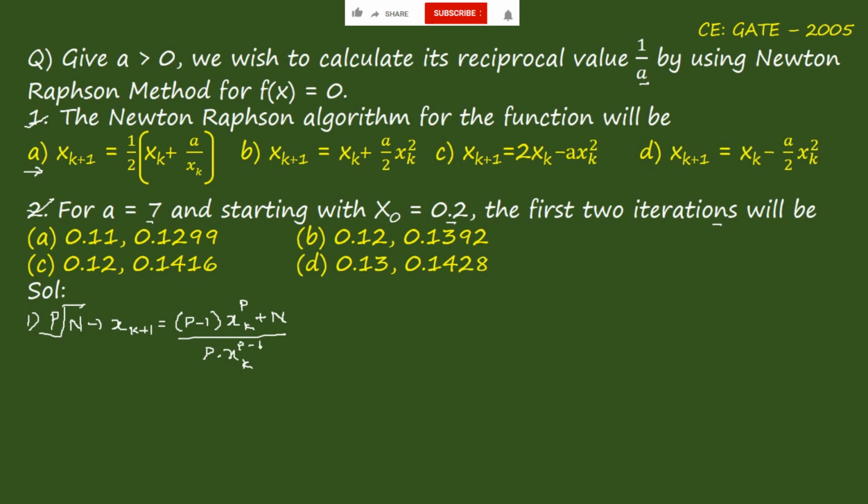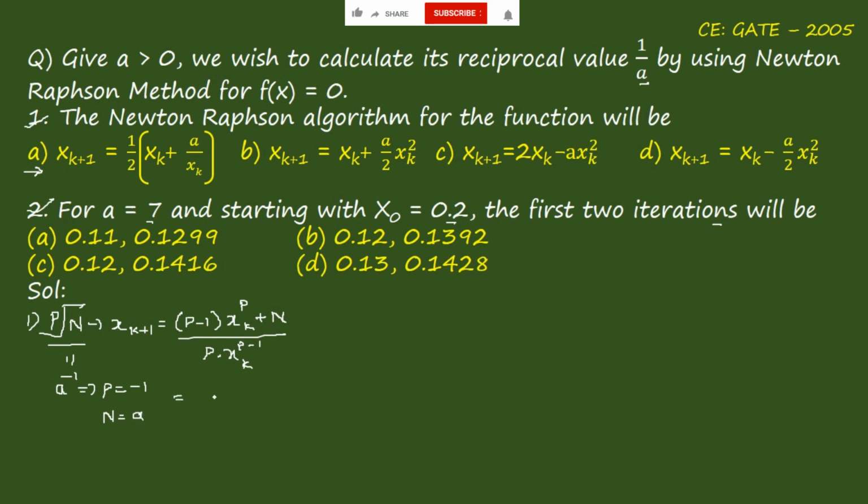This is a general formula to find the root of any number. But it is given that you have to find it for 1 by a. So this is equal to a power minus 1. Then we can say that p is equal to minus 1 and n is equal to a. So just substitute the values here.